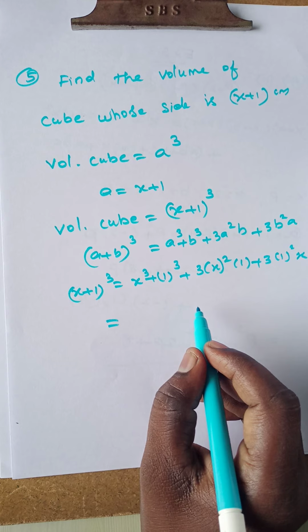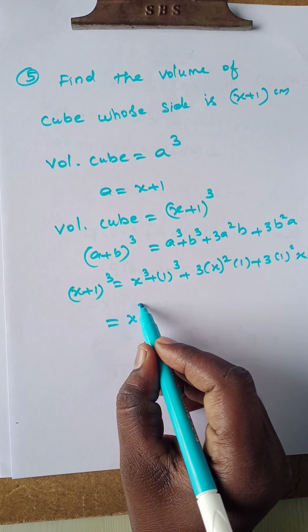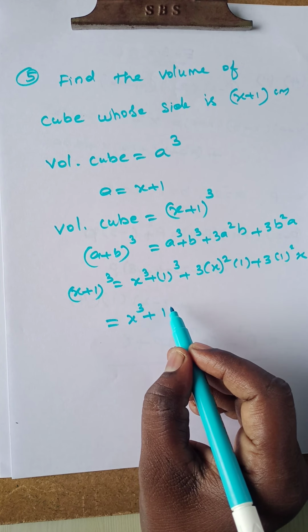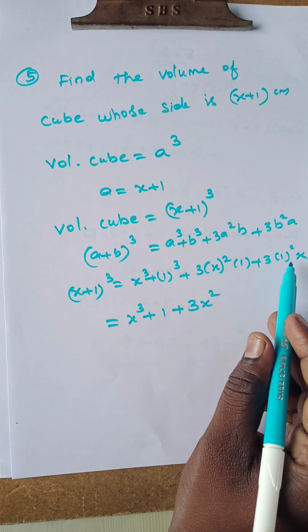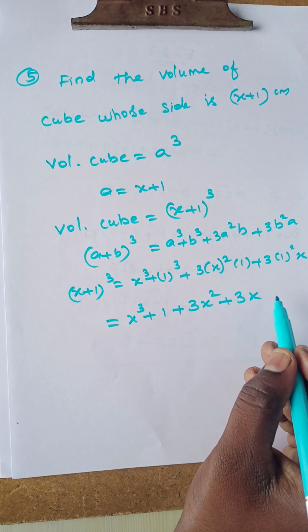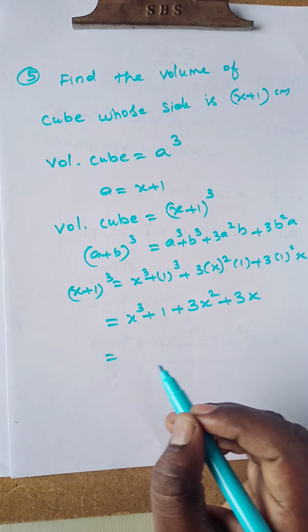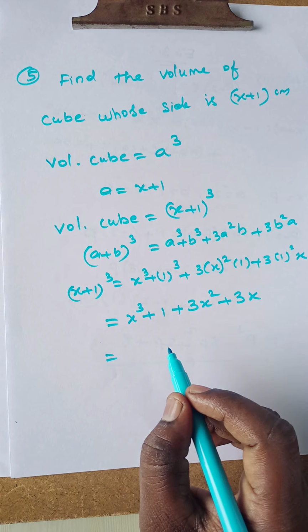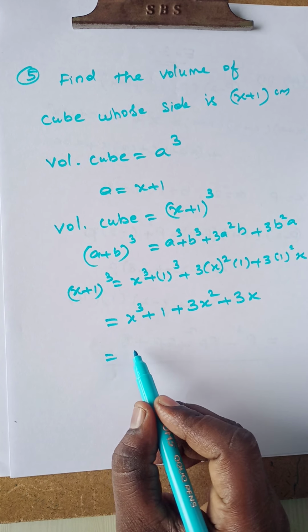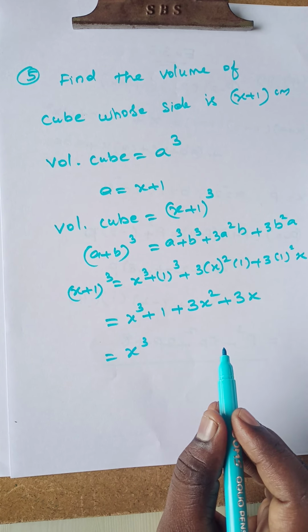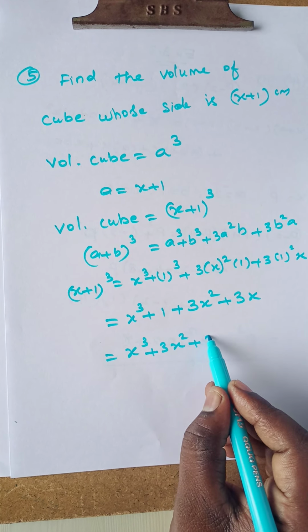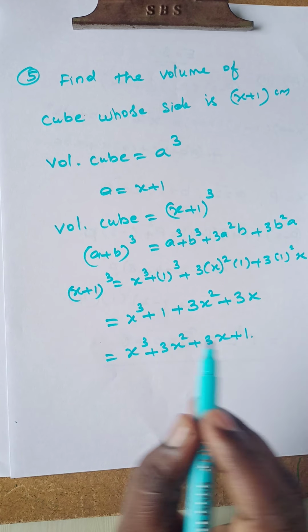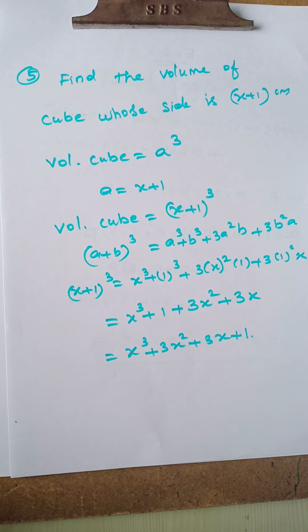Finally we can write x cube plus 1 plus 3x square plus 3x. We can arrange in descending order: x power 3 plus 3x square plus 3x plus 1. Understand?